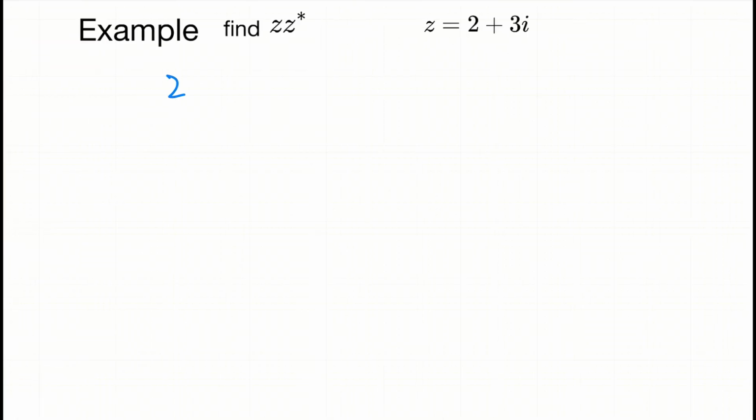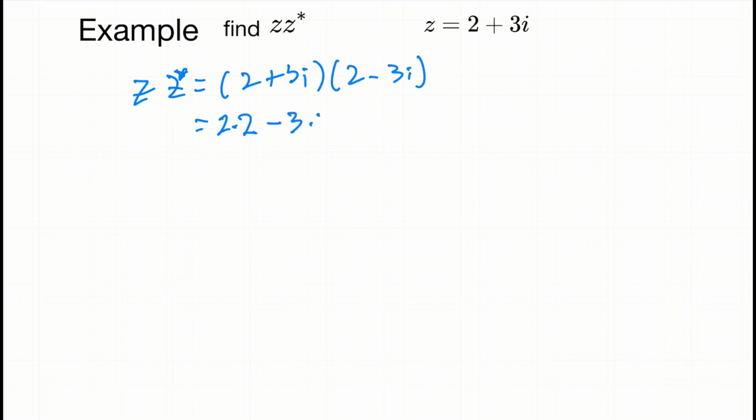So we're going to take the complex number times its conjugate. The complex number is 2 plus 3i times the conjugate 2 minus 3i. So just doing our first, outer, inner, last. First, 2 times 2. The outer is minus 3 times 2i.